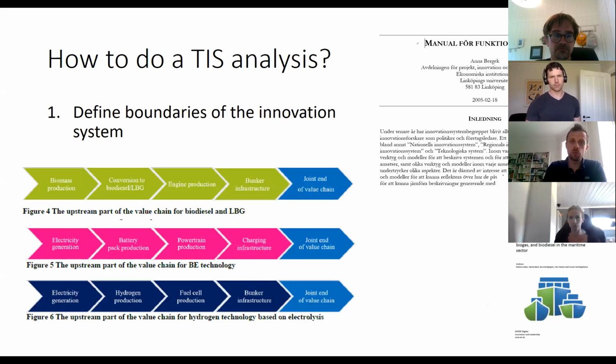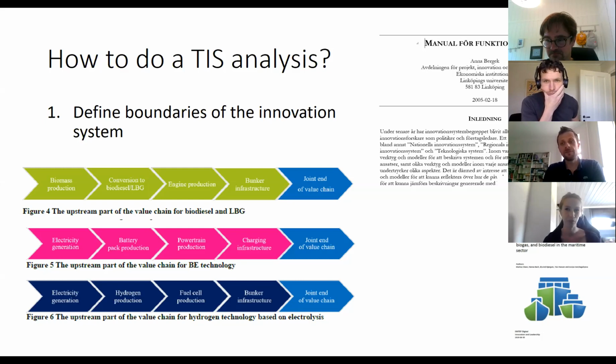So how does one actually go about doing a TIS analysis? I'm going to try to cover this based on two different sources. One is my own empirical experience from work with colleagues in Norway and Sweden around TIS analysis in different sectoral contexts. And then it's based particularly on the work by Anna Bergek, Manual för funktionsanalys, in Swedish, which is basically a manual for carrying out a functional analysis, a more elaborated version of what you also find in the 2008 paper.